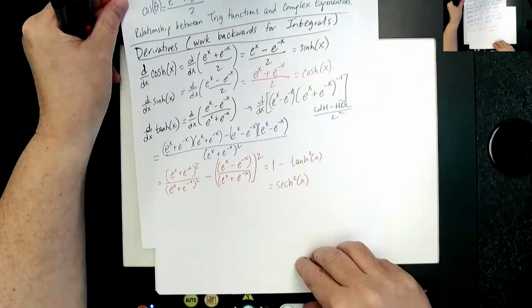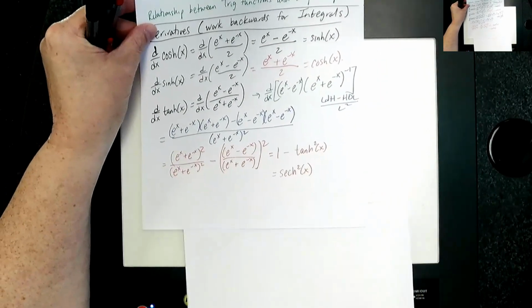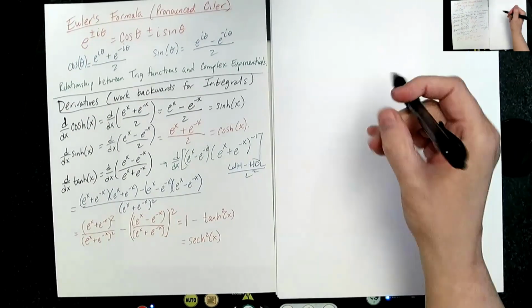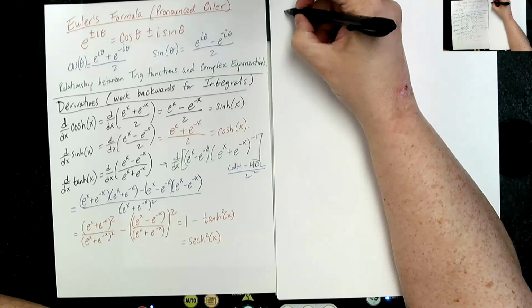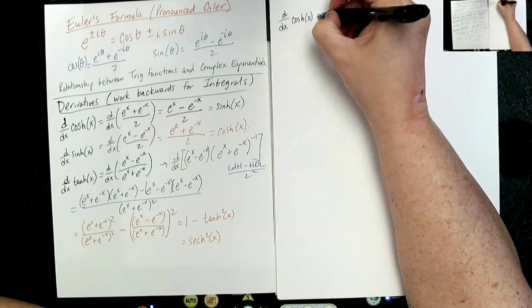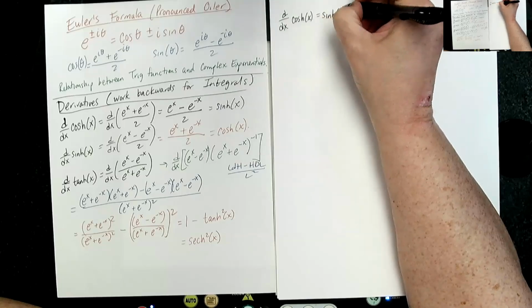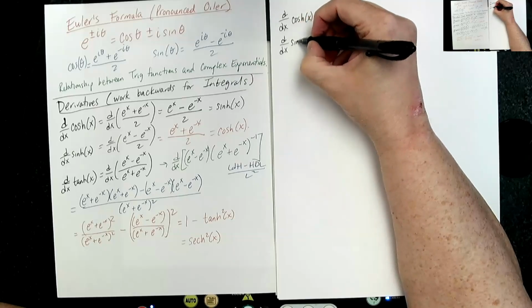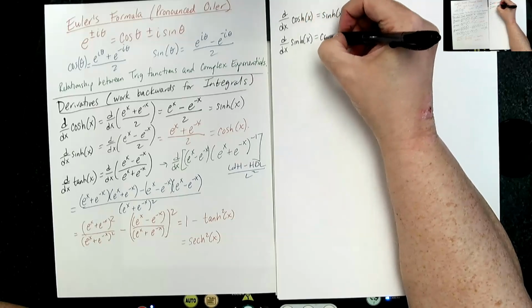So let's make a list of all of them without all the bullshit in the way. That's kind of what you want. You're like, I don't want to have to go through my notes for all this. So d/dx of cosh x is sinh x. And d/dx of sinh x is cosh x.